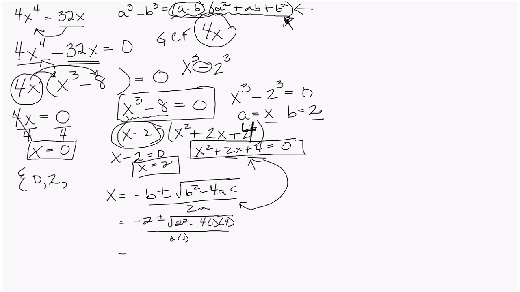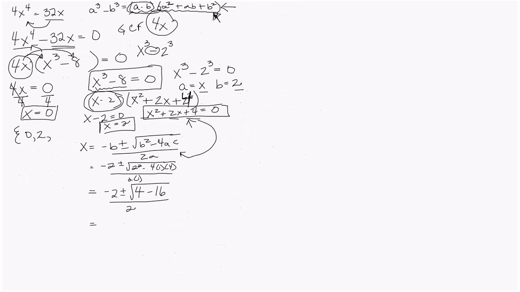And this is what I get: negative 2 plus or minus the square root of, 2 to the power of 2 is going to be 4, and negative 4 times 1 times positive 4 is going to give me negative 16, and that's all over 2. And then I'm going to simplify this again, and under the square root, 4 minus 16 is going to give me negative 12, all over 2.